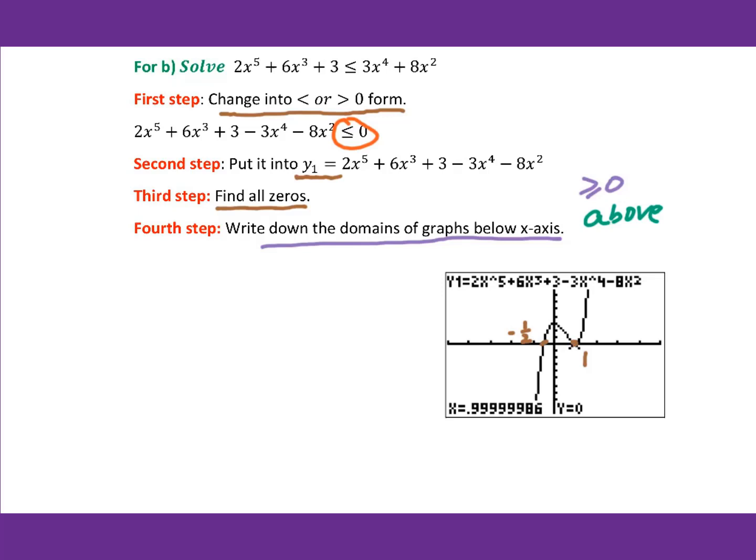So we're looking for below the x-axis, that means only from here to here. That will be between negative infinity to negative 1/2. Therefore, you will get negative infinity to negative 1/2 with a bracket, because you have an equal sign, will be the solution.